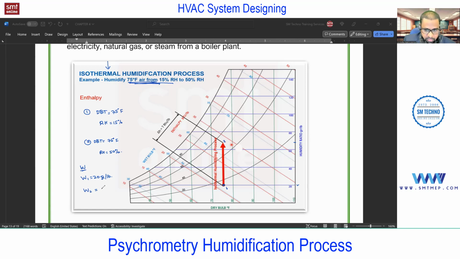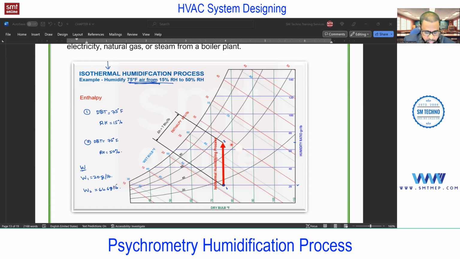So when you check above 60, I'm getting 64.6 grains per pound of dry air. This can happen while we are not increasing the temperature. Then how can we achieve this RH in this humidification process? Definitely by adding the heat.